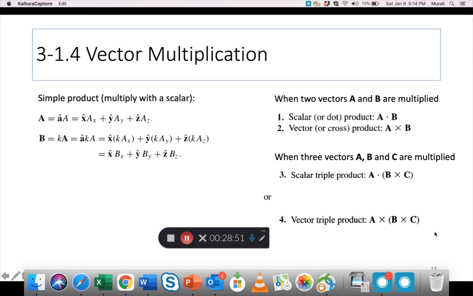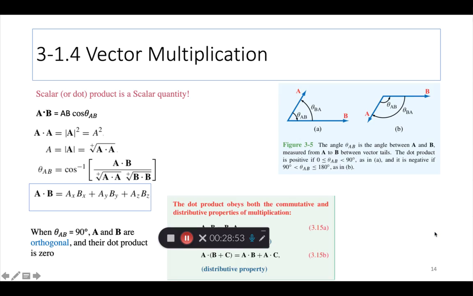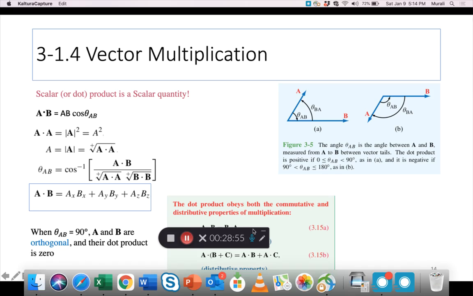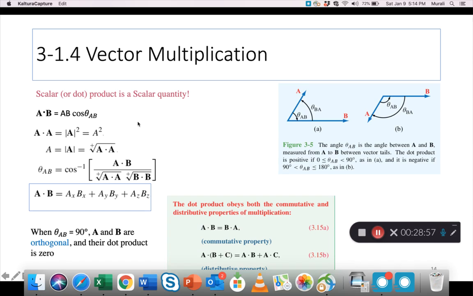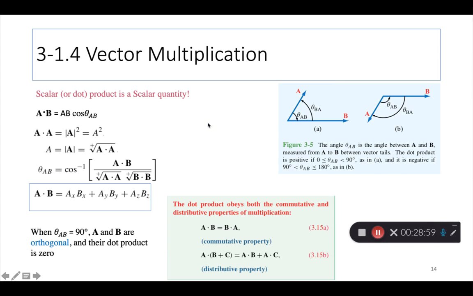Okay, all right, moving on to slide 14. More details on scalar and vector products. So a scalar or dot product is a scalar quantity, and here are the formulas that you need to know very, very well. A dot B is A B cos theta AB. A dot A is A squared.